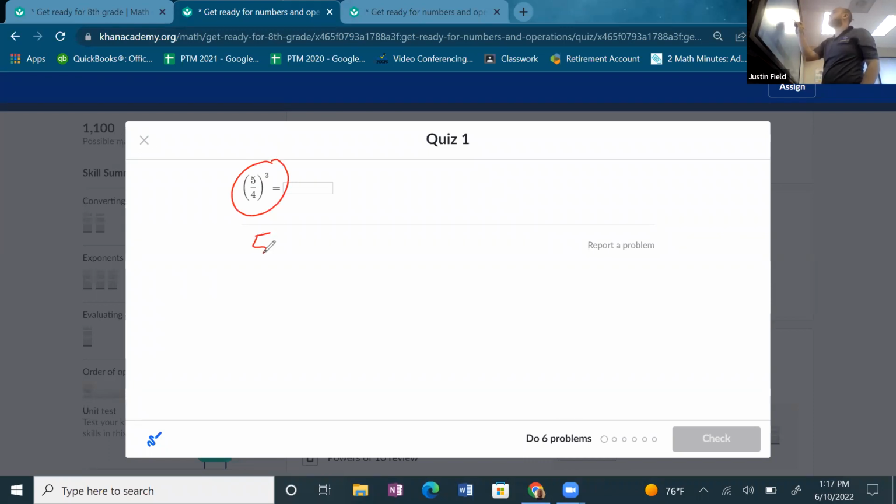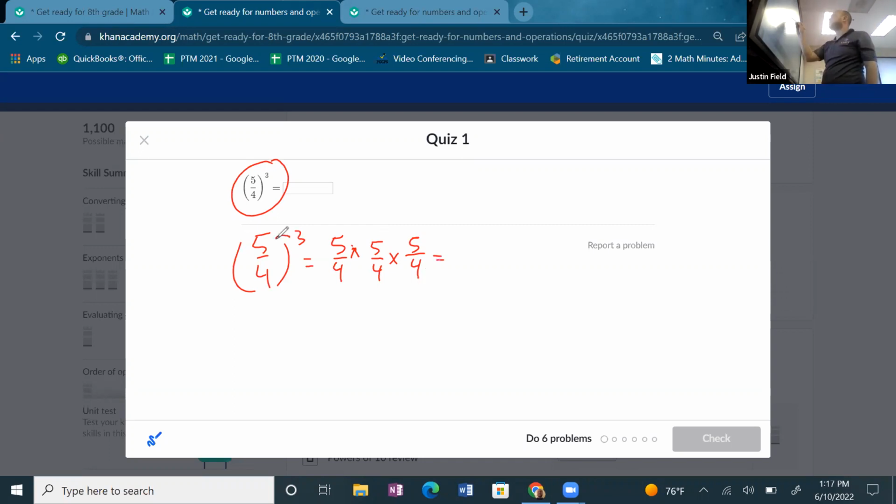We got 5/4 to the 3rd power. How do you raise a fraction to a 3rd power? Well, we know that means 5/4 times 5/4 times 5/4, right? So that would be 3 5s and 3 4s.